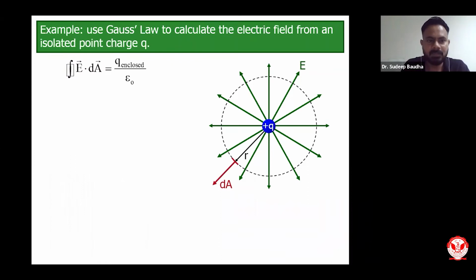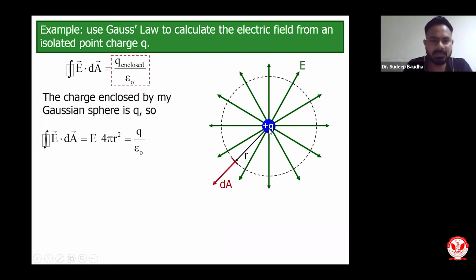Now we have this formula again from Gauss law. The left hand side we have already calculated, that is E into 4 pi r square. What about the right hand side? The right hand side is charge enclosed upon epsilon naught. What is the charge enclosed? That is plus Q. So the left hand side is 4 pi r square into E, and the right hand side is Q upon epsilon naught.